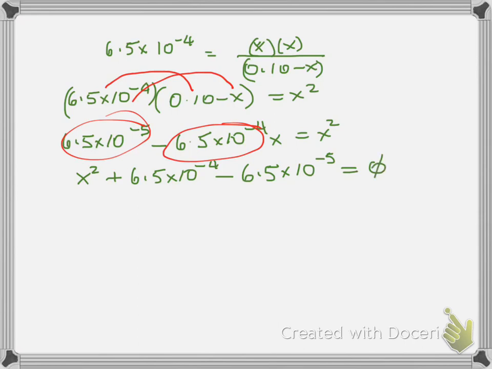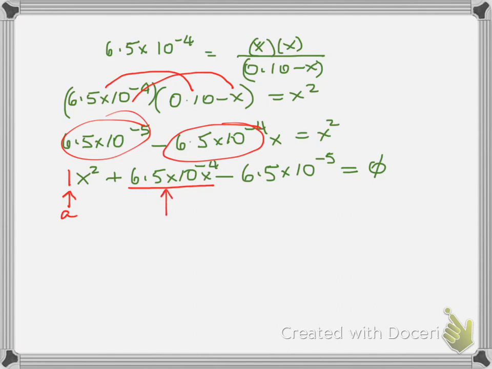So now we've got a quadratic equation in the format where we can solve it. We've got a 1 here, that would be A. We've got 6.5 times 10 to the negative 4 x there.